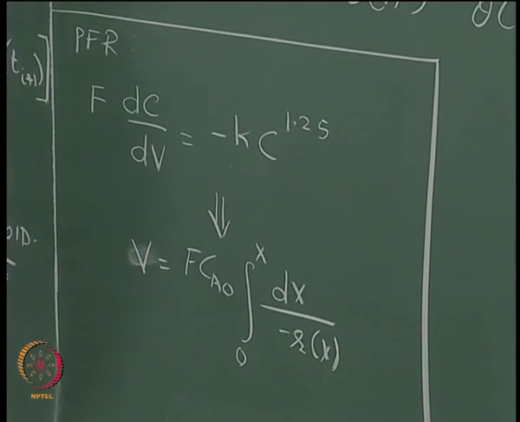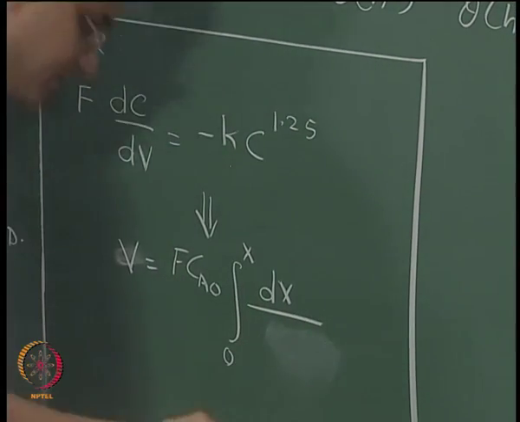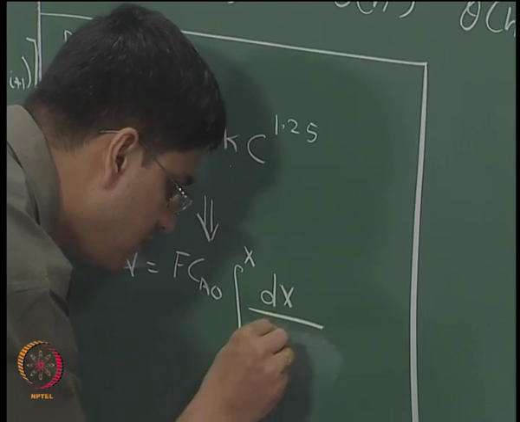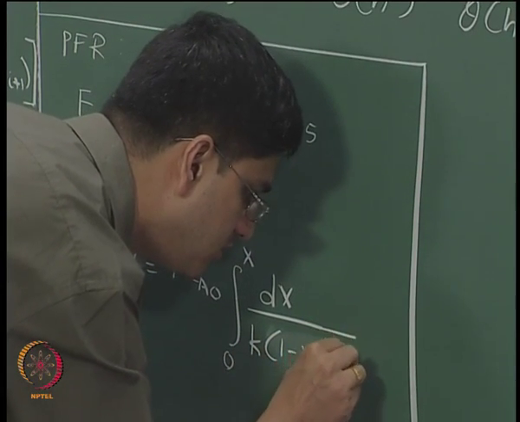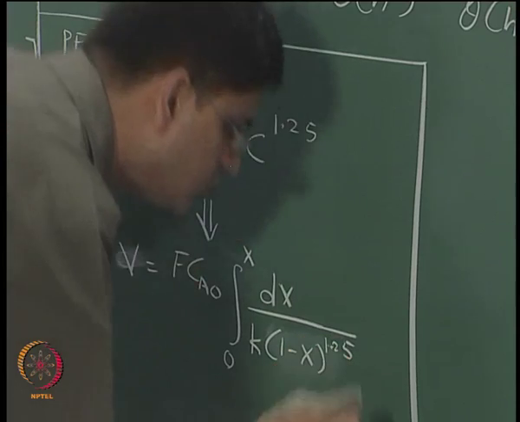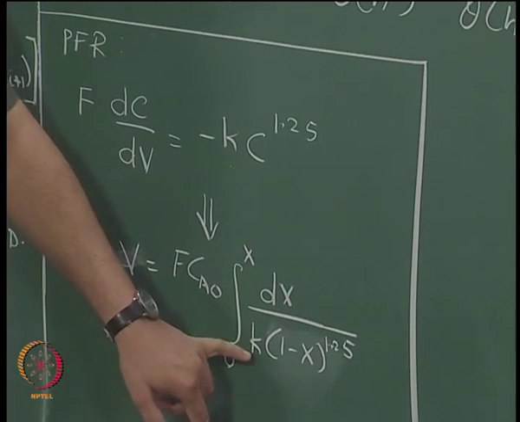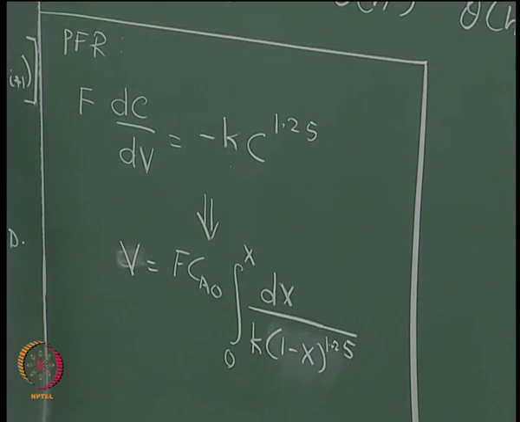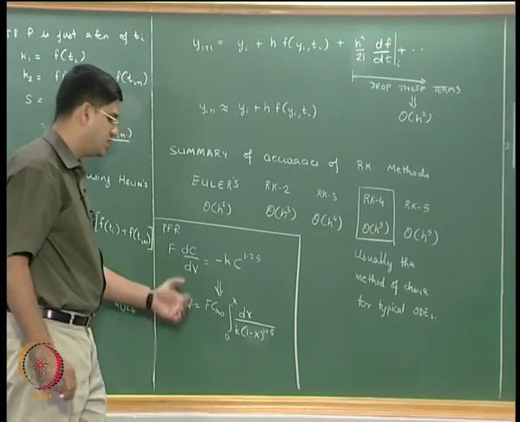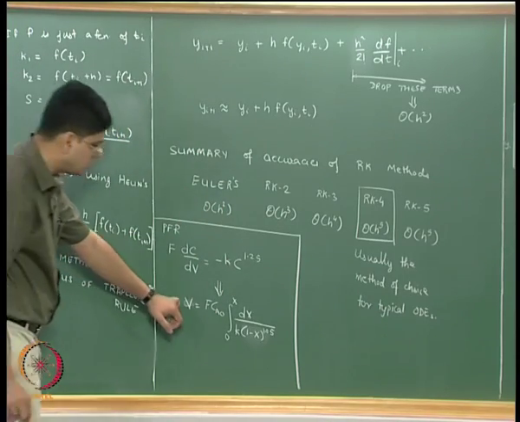Okay, where minus r of x was nothing but k multiplied by 1 minus x to the power 1.25. Okay, and then we had plotted F Ca0 divided by k multiplied by 1 minus x to the power 1.25 against x, and the area under that curve that we calculated was equal to V.